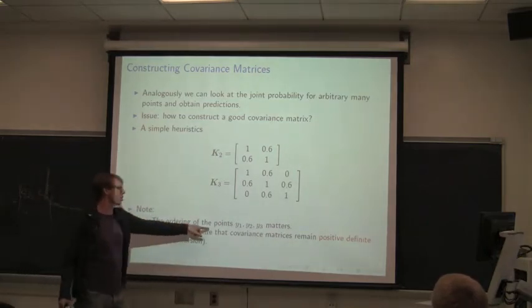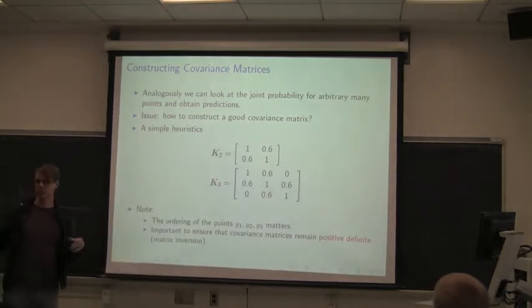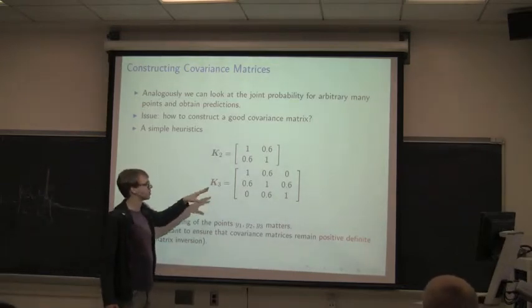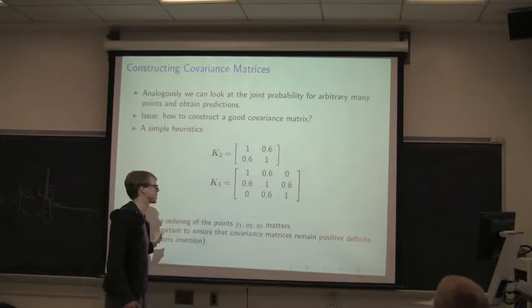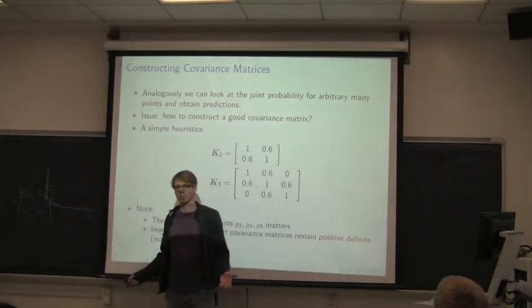The problem is that the ordering of y1, y2, and y3 matters, but that ordering could, for example, be given by the ordering of x. The other thing we always have to take into account when we construct these covariance matrices is that they have to be positive definite, because they have to be valid covariances.